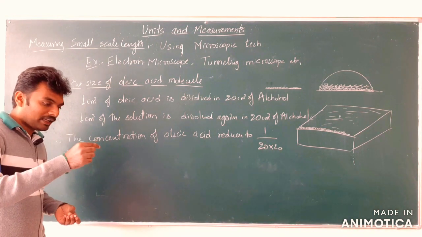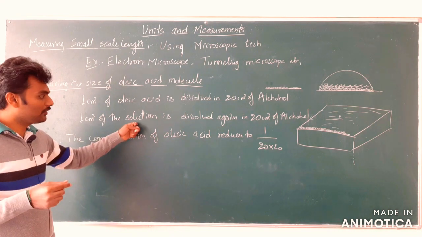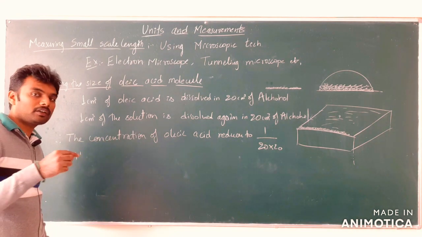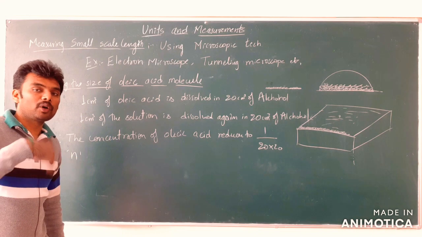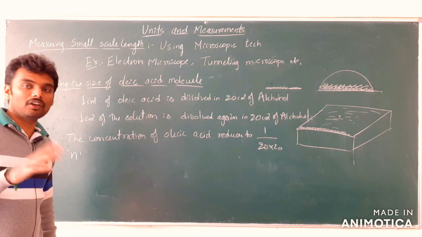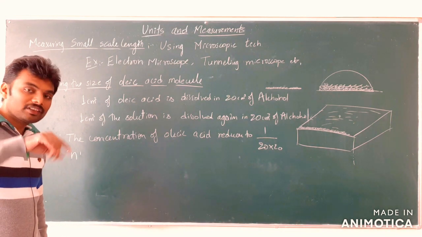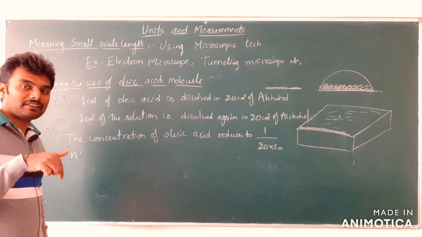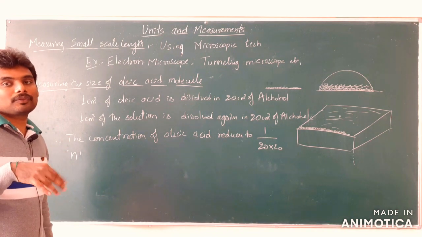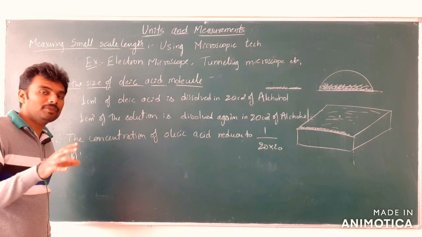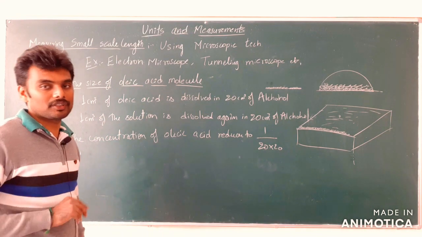Once we put the final solution on top of water, alcohol evaporates. Alcohol always evaporates, and we will be left with a very small amount of oleic acid spread on top of water, whose volume can also be measured.